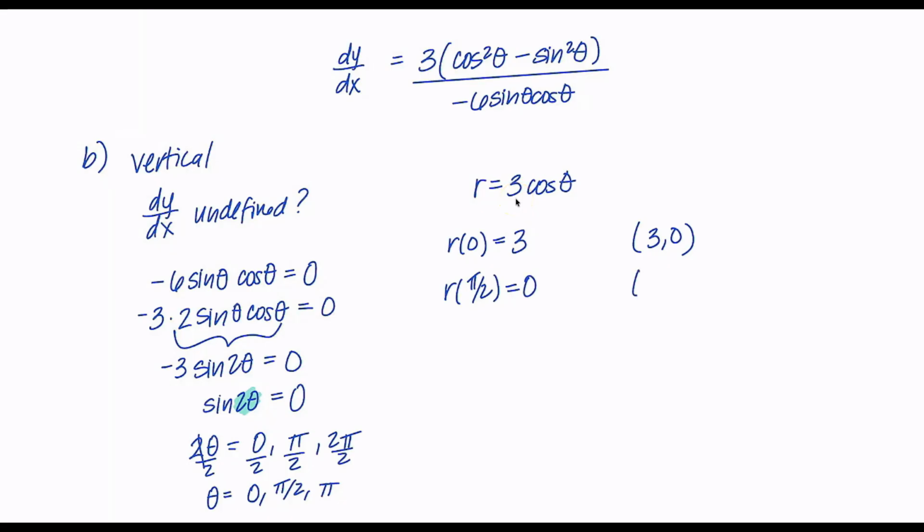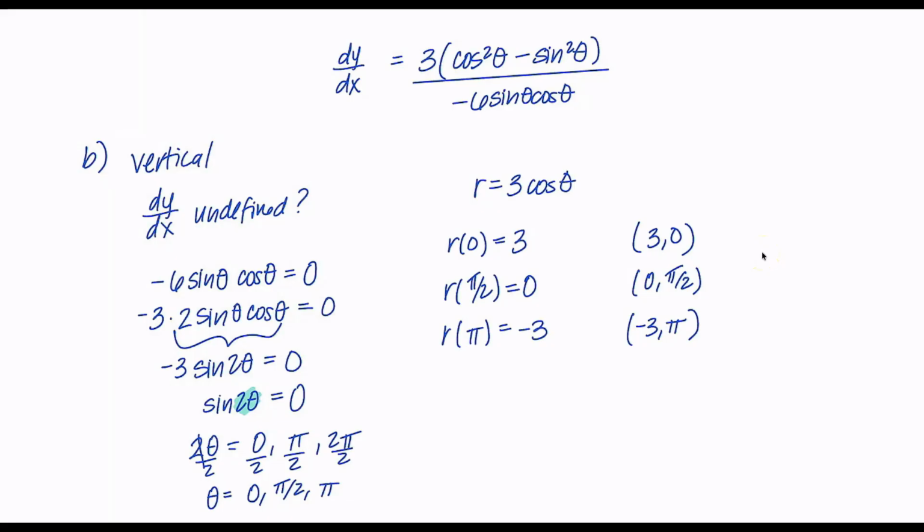So we get the coordinate point (0, pi over 2). And then if I substitute in pi, cosine of pi is -1, so I'm going to get -3. So I'm going to get (-3, pi). So these are points where the tangent line is vertical, so it has an undefined slope.